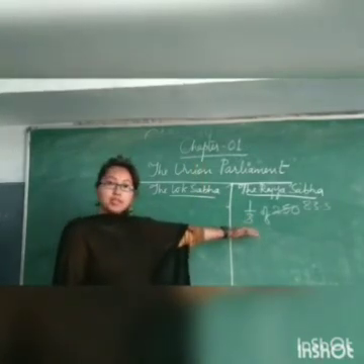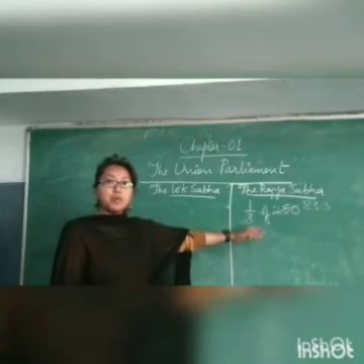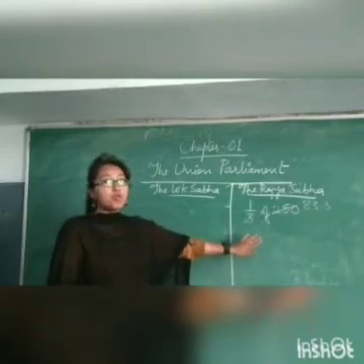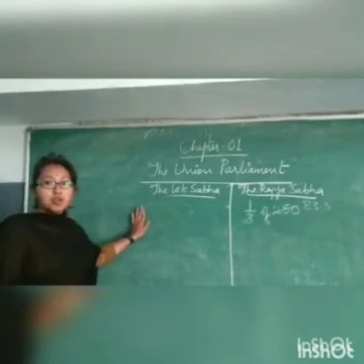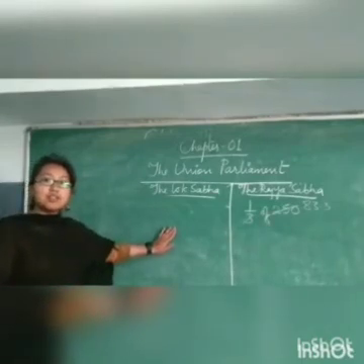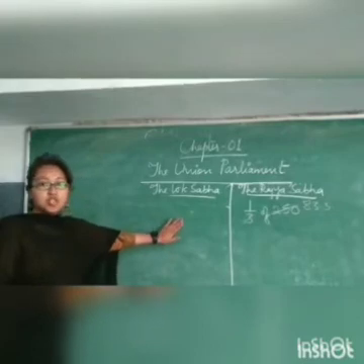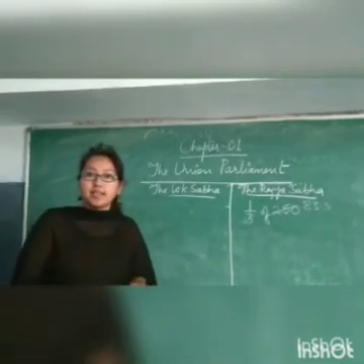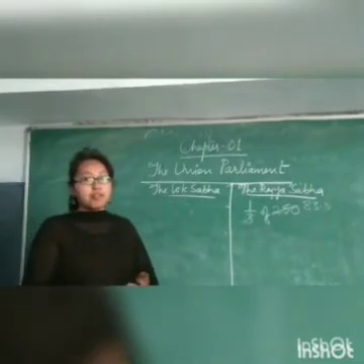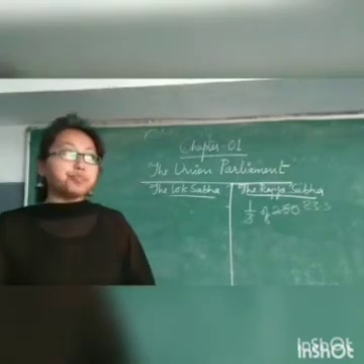That is why Rajya Sabha is a permanent house, whereas Lok Sabha is not a permanent house, because after every 5 years it dissolves and a fresh general election is held.